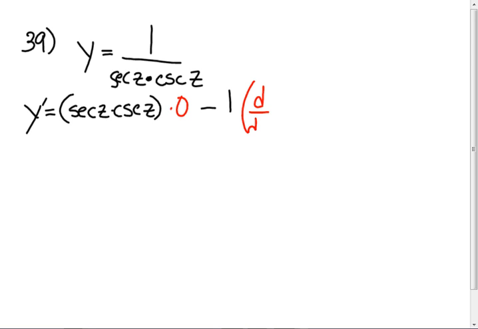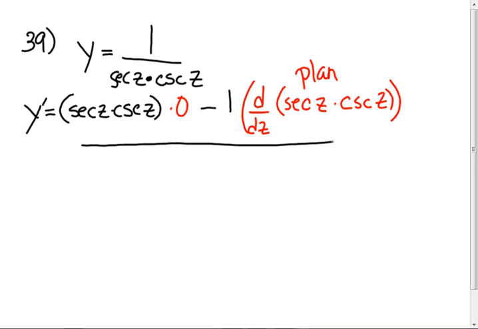Z. Oh, if you got that, that's huge. This is really hard for me, the C's and the Z's for some reason. Cosecant of Z. This is my plan. I haven't done it yet. I have to find the derivative. Notice this is the plan. I will take more board space to do that. And it's over what? The denominator squared.